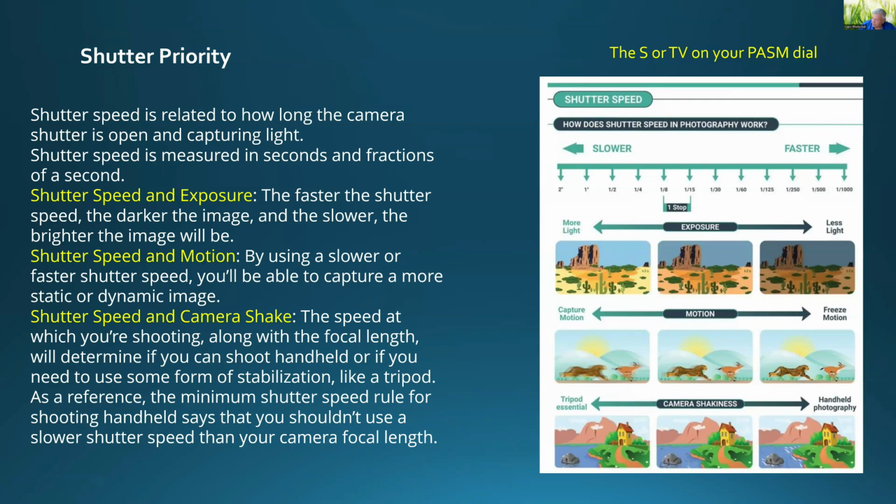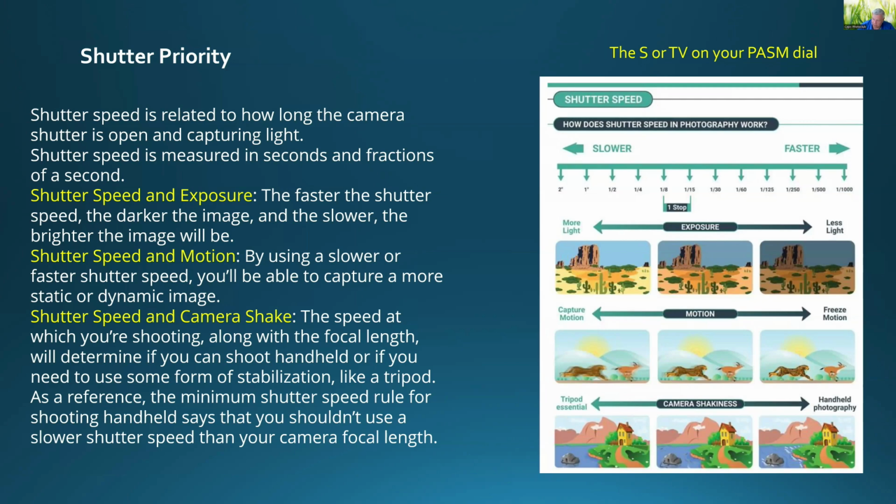Of course, the faster the shutter speed, the more in focus your subject will be if they're moving. If you're using a slow shutter speed and you're holding the camera, you might come across camera shake.